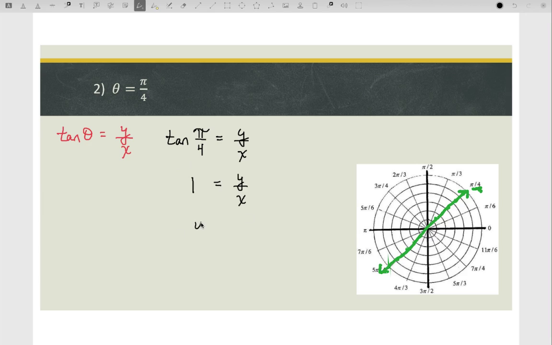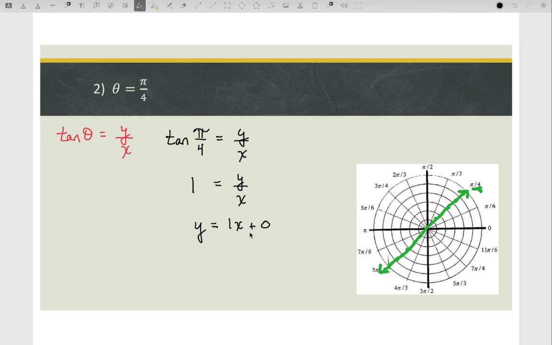Solving this for y, we simply get that y equals 1x, and think of it as plus 0. There's your y equals mx plus b form. So it is indeed the graph of a linear equation, and we know from our algebra this would be a line going through the origin with a slope of 1.